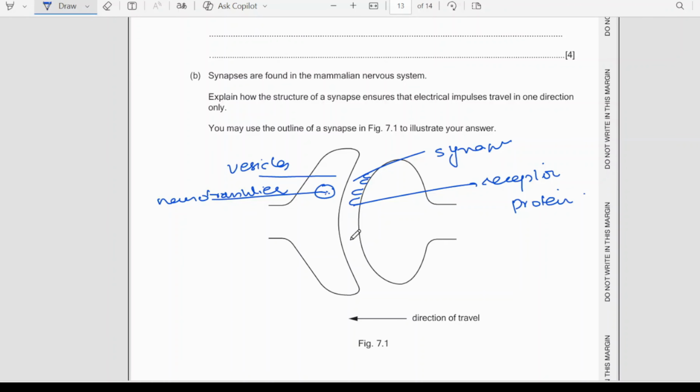Presynaptic neuron, then. You missed the movement. Which movement? Then how do they bind, or why do they bind?